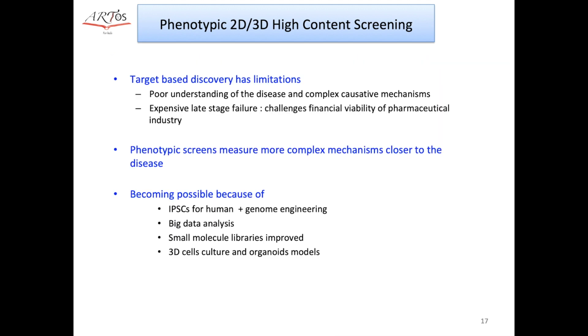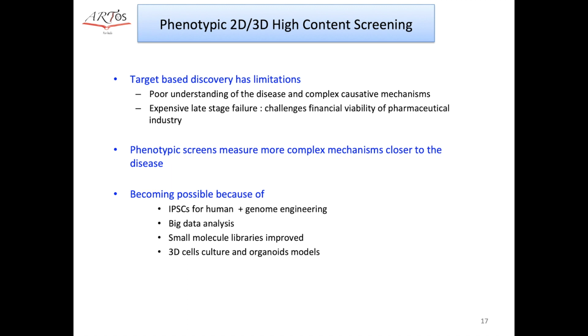In fact, phenotypic screening has been a dream for years as an alternative to target-based drug discovery that in some cases has its limits, such as poor understanding of the disease and complex causative mechanisms, leading in fact to expensive late-stage failure, which of course challenges financial viability for pharmaceutical industries.